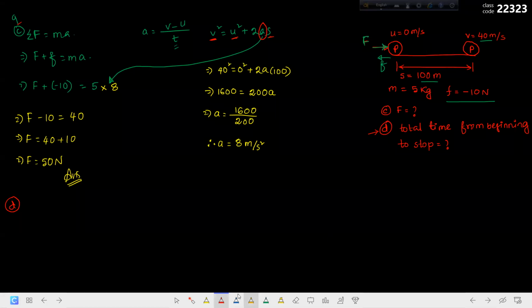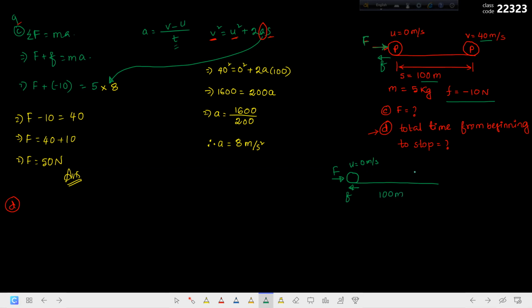Very good. So now we need to draw another figure to demonstrate the situation. So this was the initial position. We know that it was 0 meter per second, and some force started acting on it. So the body started to move, and another force also started acting, that is frictional force, and the body covered 100 meter.